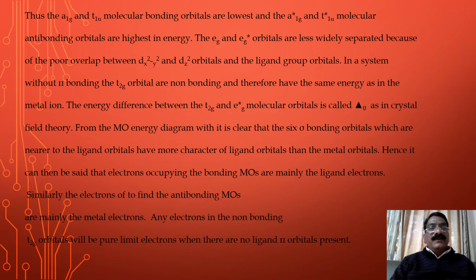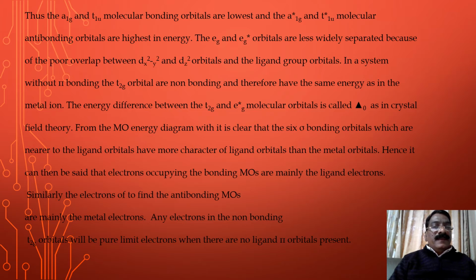In a system without pi bonding, the T2G orbitals are non-bonding and therefore they have the same energy as in the metal ion. The energy difference between the T2G and EG star molecular orbitals is called delta O, as in crystal field theory.